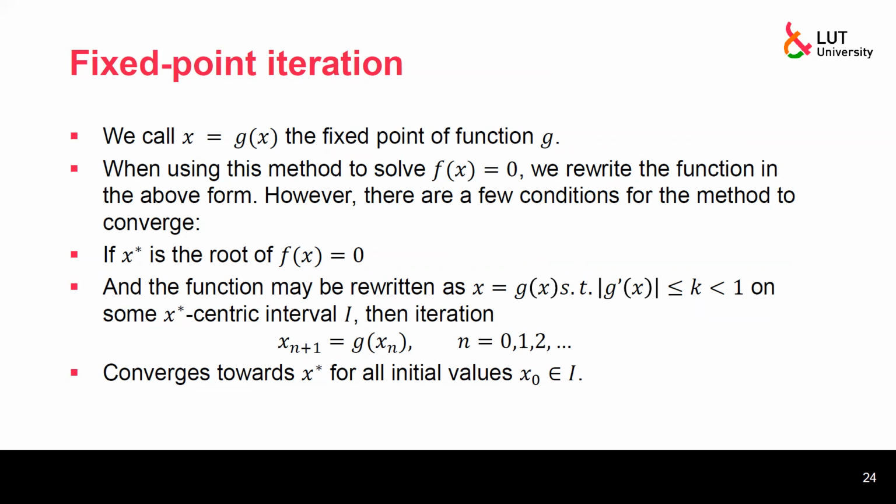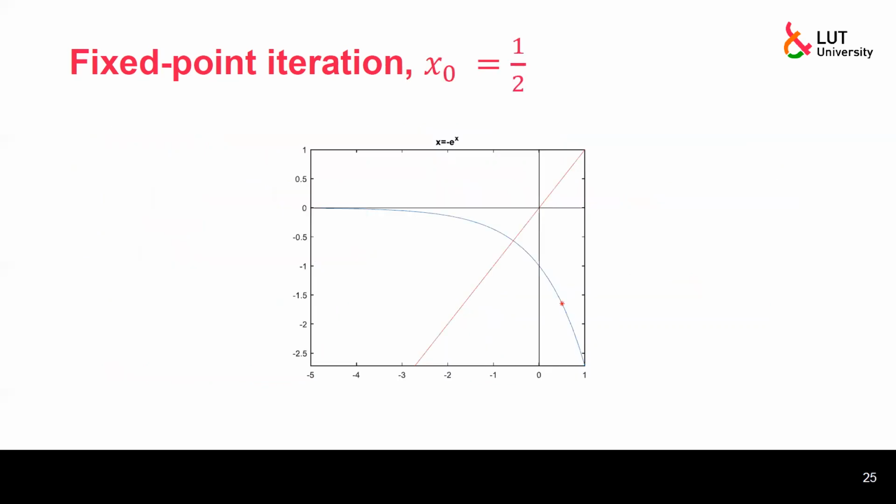There is also a requirement that the absolute value of the derivative of g(x) must be under some k, which is less than 1, on some interval for it to converge. So how does it work? We start from that kind of function, somewhere there.